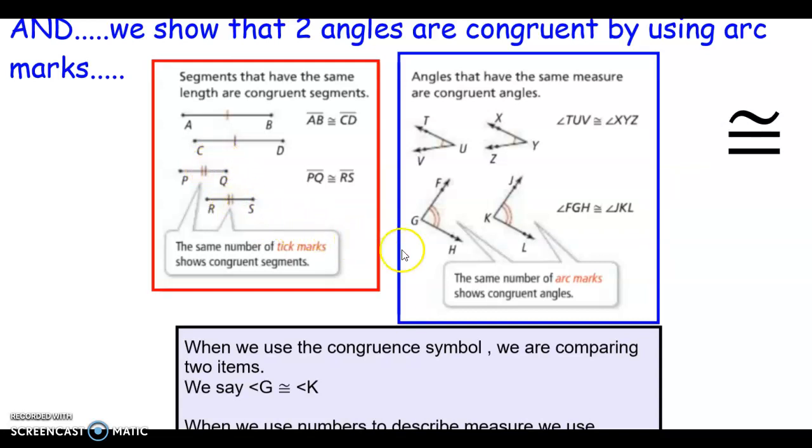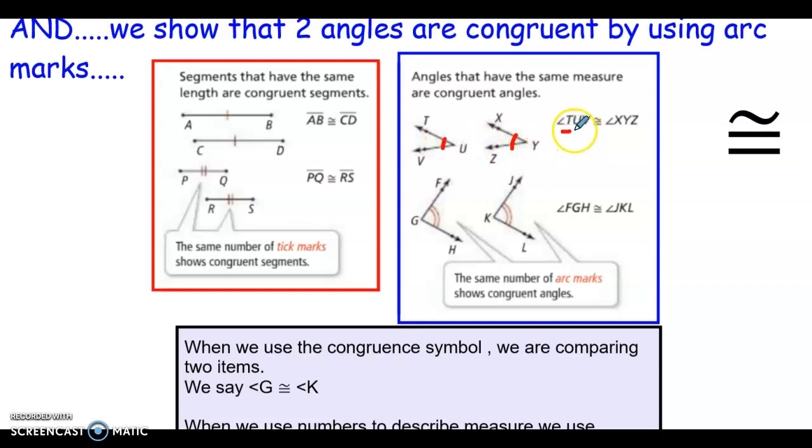All right, we're going to use the same idea over here for angles. Angles that have the same measure and are congruent are shown by using arc marks. So I have one arc right here and one arc right here. Since I have 1 and 1, that's telling me those two angles have the same measure.